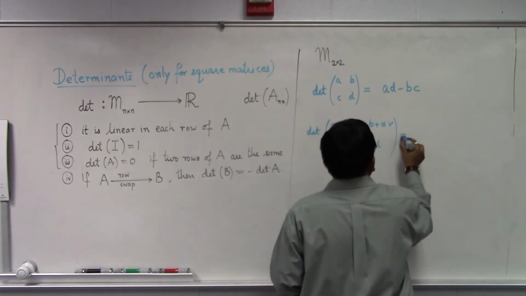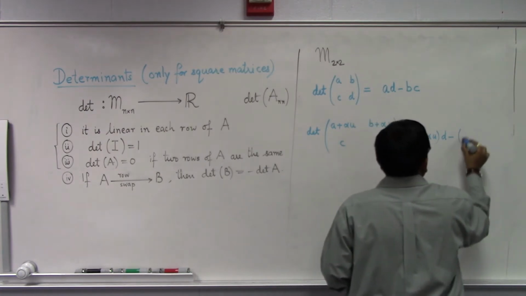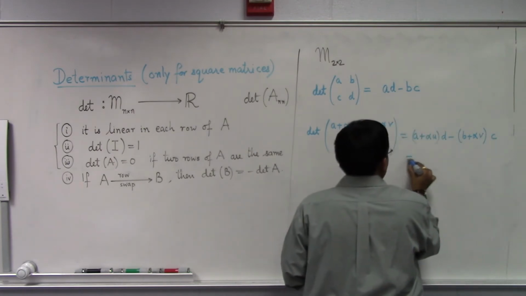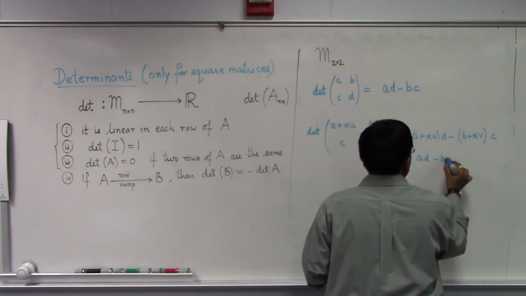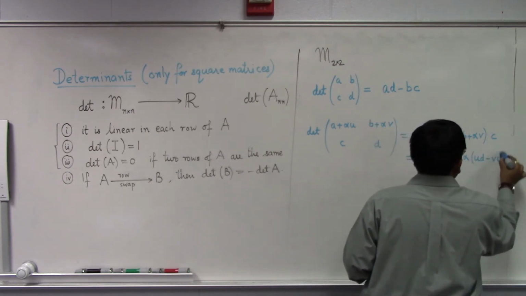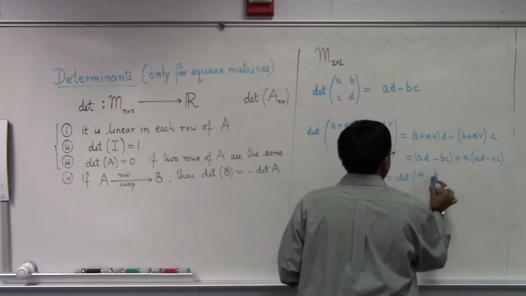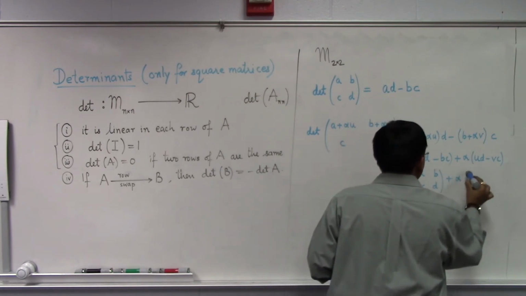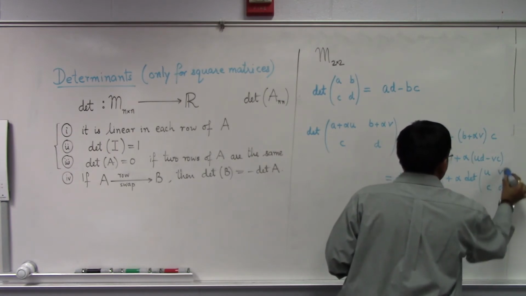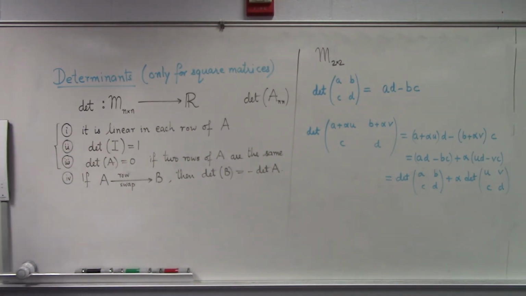According to this formula, it would be A plus alpha U times D minus B plus alpha V times C. So this would be AD minus BC plus alpha times UD minus VC. And this is nothing but the determinant of A, B, C, D plus alpha times the determinant of U, V, C, D. And this is exactly what we talked about as the linearity in the first row.